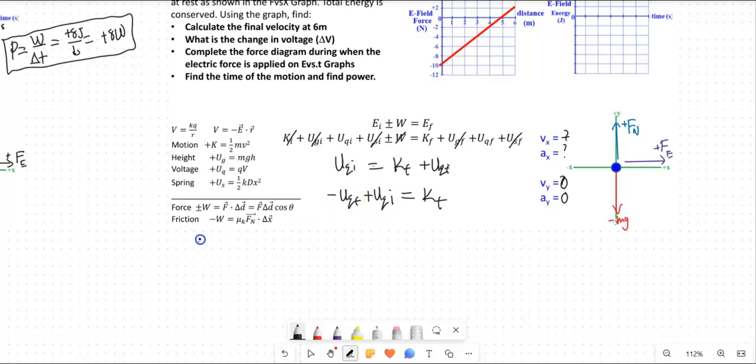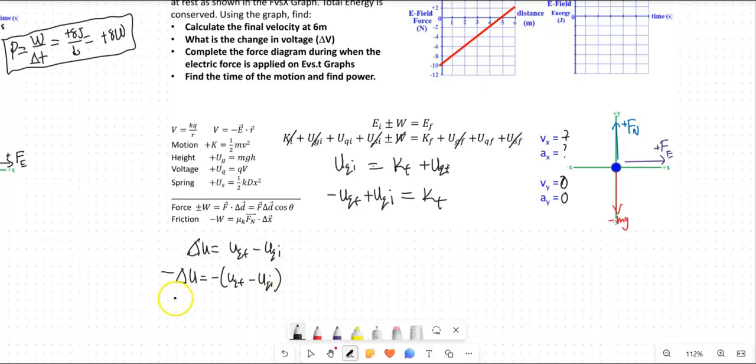This U sub QF here, delta U is U sub QF minus U sub QI. But if I take the negative delta U, what we do is multiply this by a negative number.